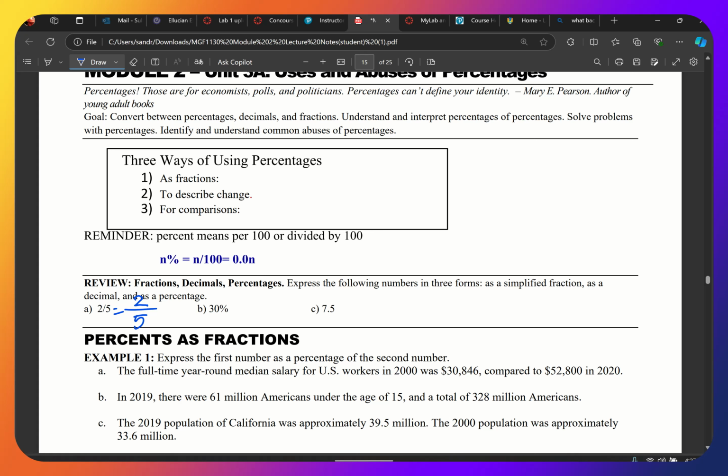So 2 divided by 5 is going to be 0.4 or 40%. 30% is 0.3 or 3/10, or 30 over 100, and then it reduces to 3/10. 7.5 is 750%, or 750 over 100, which gives us 75 over 10.